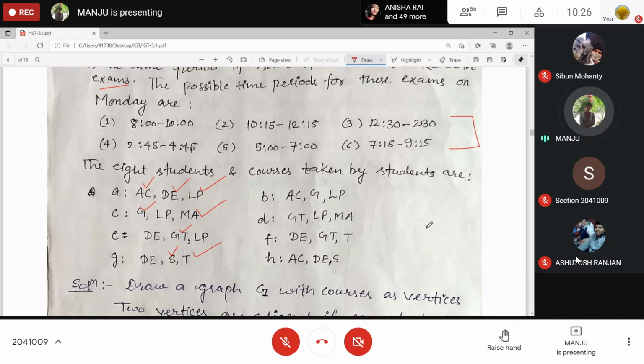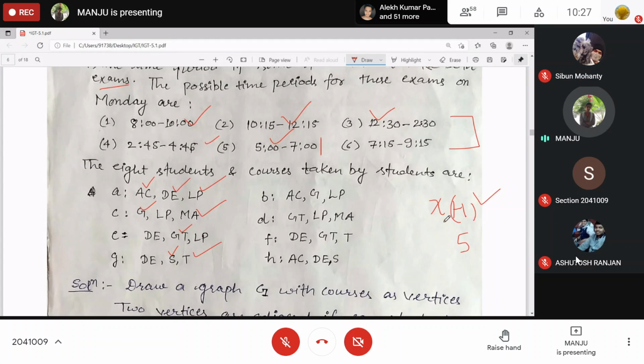The minimum number of slots for the examination can be given by the chromatic number of the graph, right? Find the graph H and then find the chromatic number for that graph. Suppose the chromatic number comes 5, actually 5 will not come, I think 4 will come. If it is 5, then some exam can be fixed in a slot, next exam, next exam, next exam.